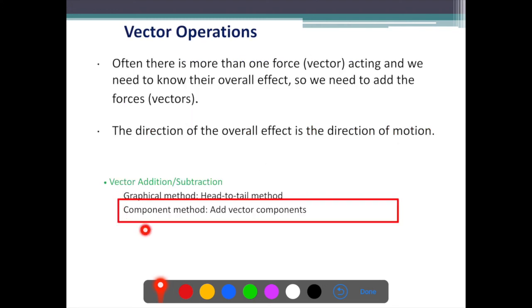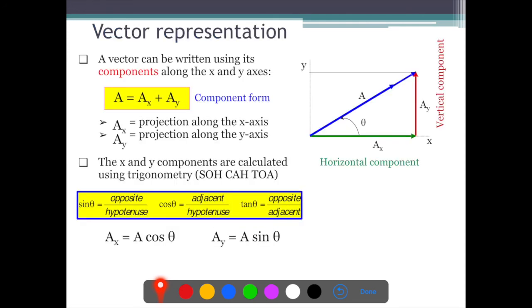Okay, so that's the graphical method. The other method of finding the resultant or the net force is called the component method. And in this method, you need to add vector components. So if this is your vector, it can be divided into a horizontal component or x component Ax and a vertical component or y component Ay.